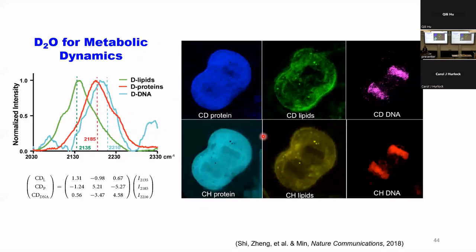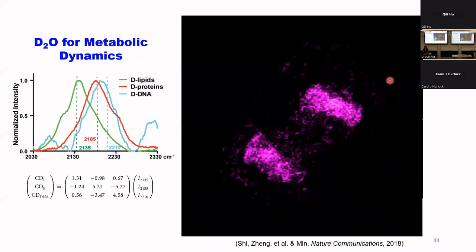So this is one example. If a single cell is doing mitosis and we snapshot that moment, we can image these newly synthesized CD labeled molecules. CD is the carbon deuterium chemical bond. This is a blue color channel, the green color channel is the CD labeled new lipids, and the magenta color is CD labeled new DNA.